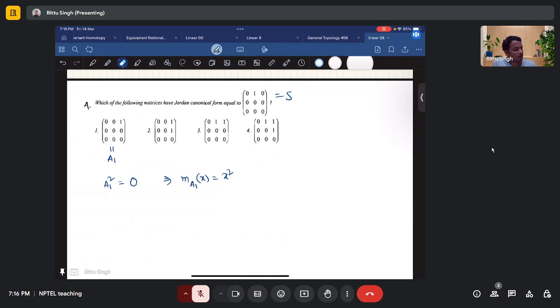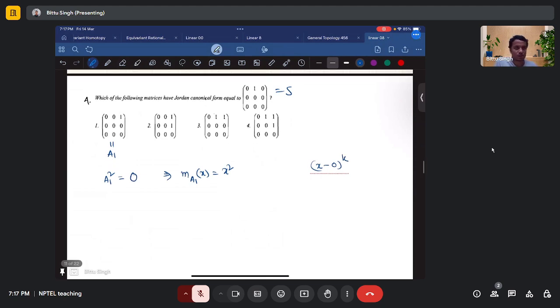So the lowest degree annihilating polynomial is x square, and we also see zeros are the only eigenvalues. So the minimal polynomial must take the form x minus 0 to the power k, and the lowest degree for which this annihilates A1 is x square, so this k must be 2.